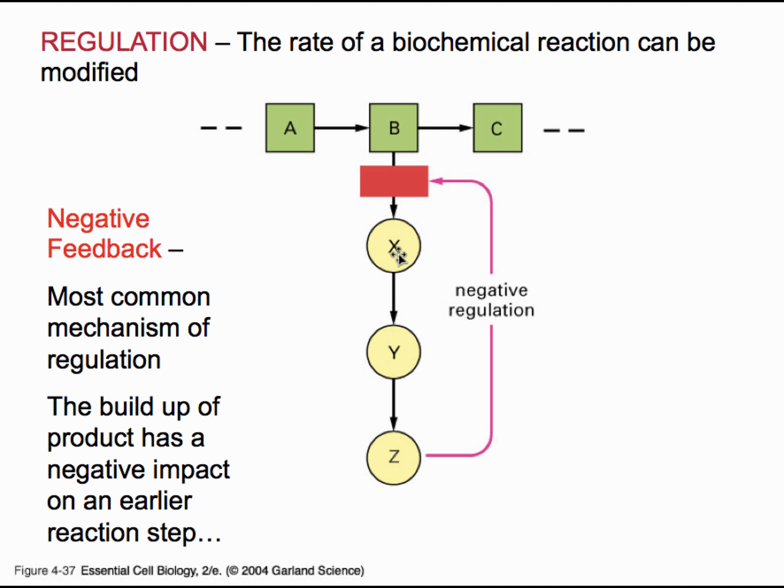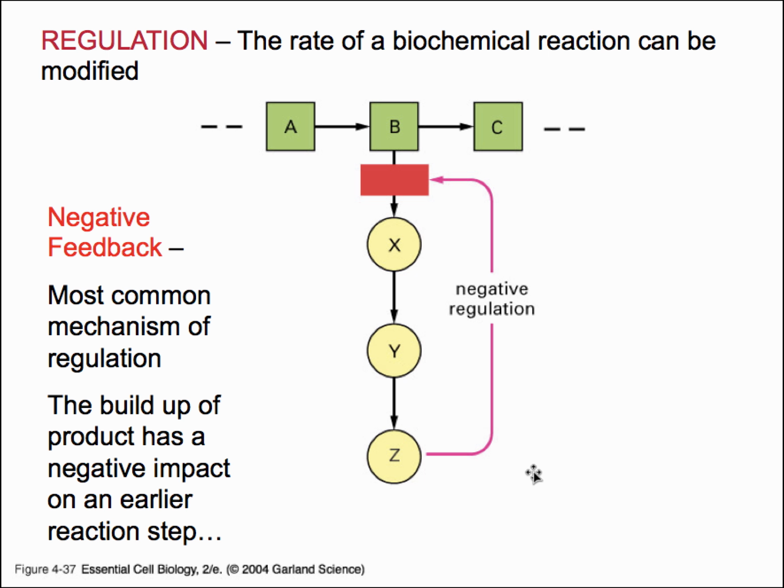There'll be fewer and fewer Z particles inside the cell cytoplasm, and the bound Z to the red enzyme will be more likely to release itself because of the ionic interactions and the kinetic energy, and restore the enzyme back to its normal configuration, thereby restarting the catalysis of B to X. So this self-contained system is able to regulate itself. Negative feedback systems are very common throughout the biochemistry of life.